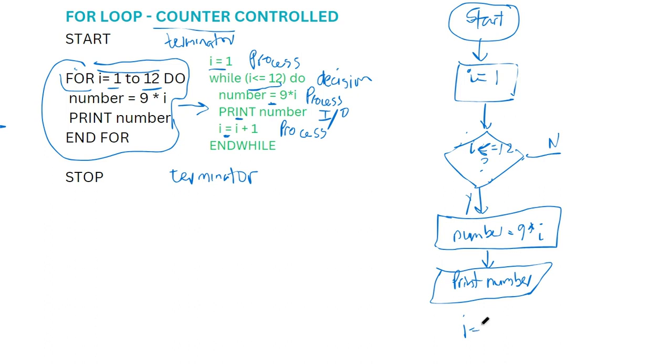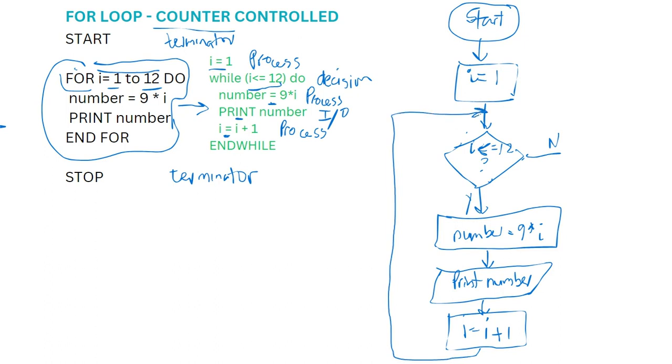Then I equal to I plus 1. That goes in a rectangle. And we have our flow line. Once that happens, we go back up to the top of the loop and ask the question again. That is yes. When it is no, what happens? We stop, and it goes in an oval.